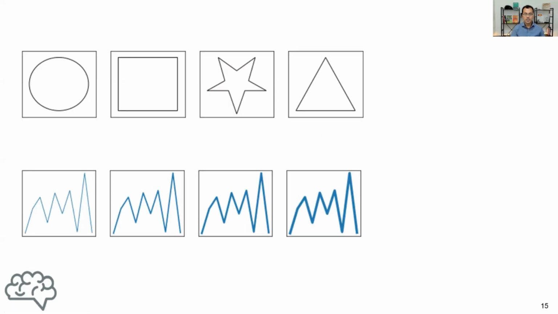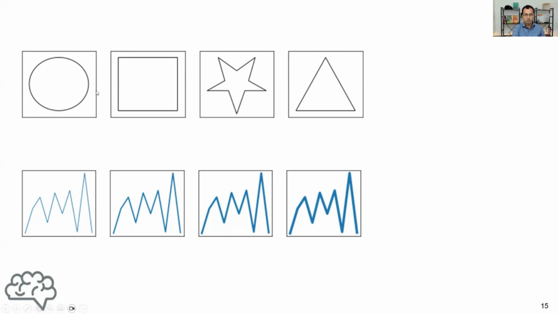To discuss the preattentive features, I want to make a simple game with you as follows. If we look at these pictures, we can see that they have some features that differentiate one from another. What are these features? The same thing happens with these pictures here at the bottom. So in this game, we are going to have 4 different pictures for each feature, and I want you to look at these pictures and tell me what is the feature that differentiates them.